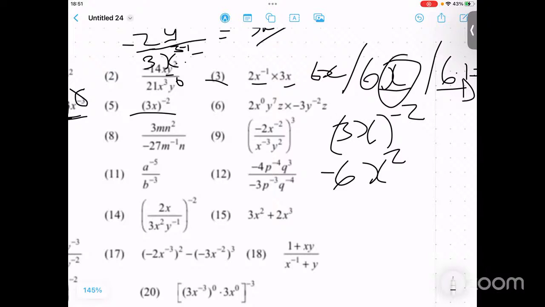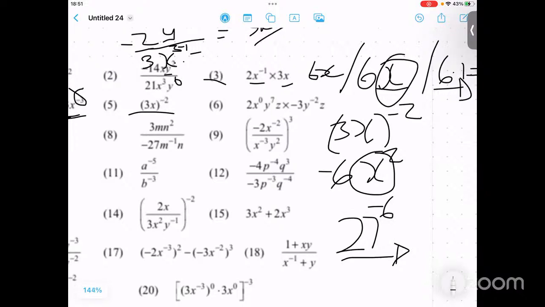And what happened to your x? Oh, it has to be 27x to the power of -6. Sorry.